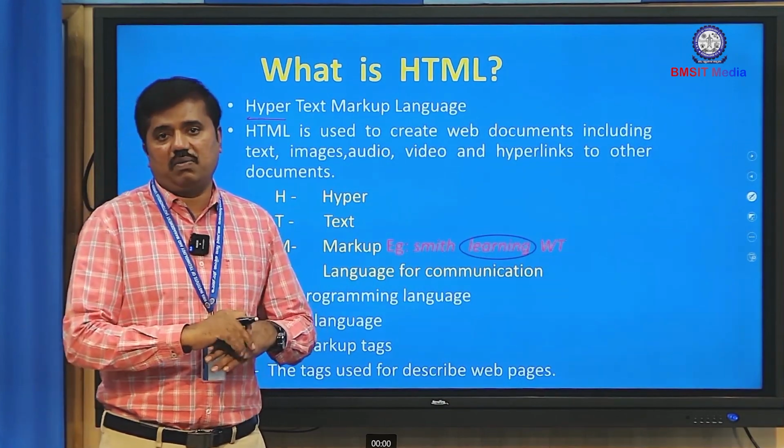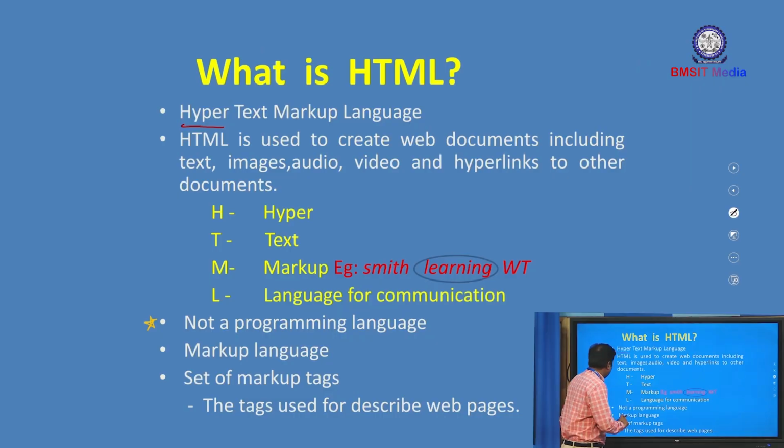Then what type of language is it? It is a markup language. So what is markup? Let's see with an example. M stands for markup. Example: Smith learning WT. So I circled "learning". I marked it. Clear?